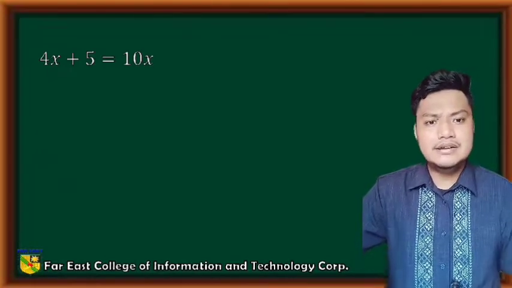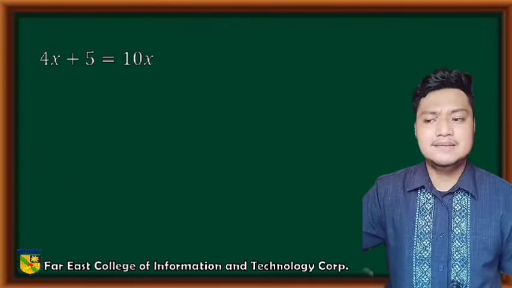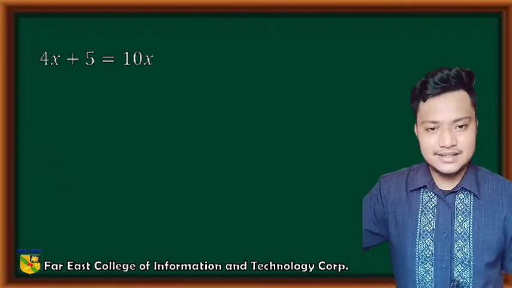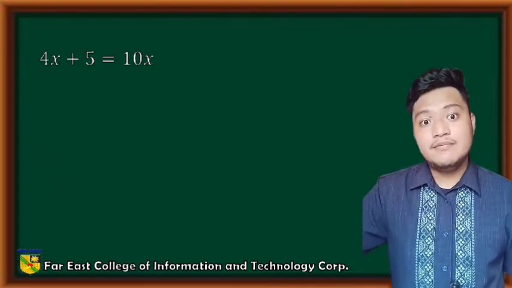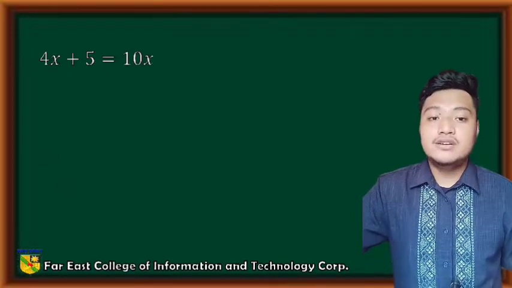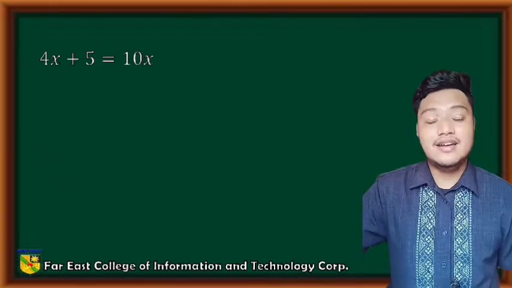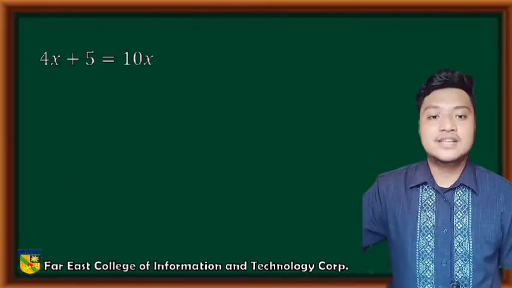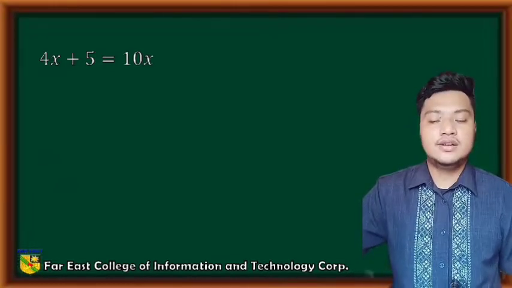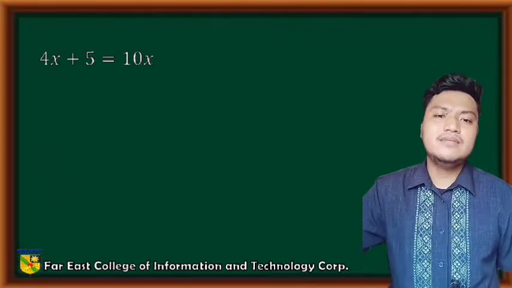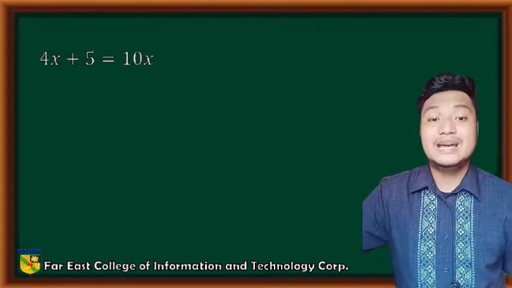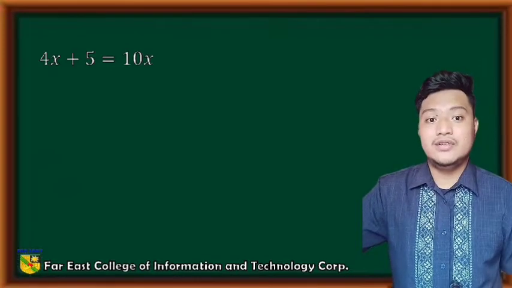Bakit naging 4x plus 5 over 10x? So, 20 divided by 5, 4. So, 4, idagdag mo lang siya sa numerator nila ng x. So, naging 4x. So, doon naman tayo sa 1/4. So, sa 1/4, 20 divided by 4, 5. So, naging 5 po yung numerator.